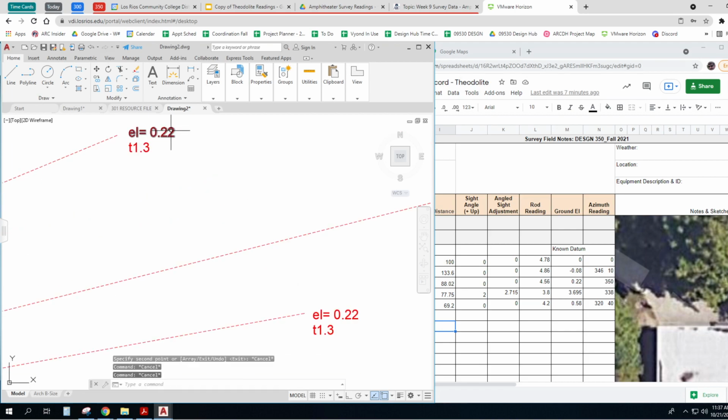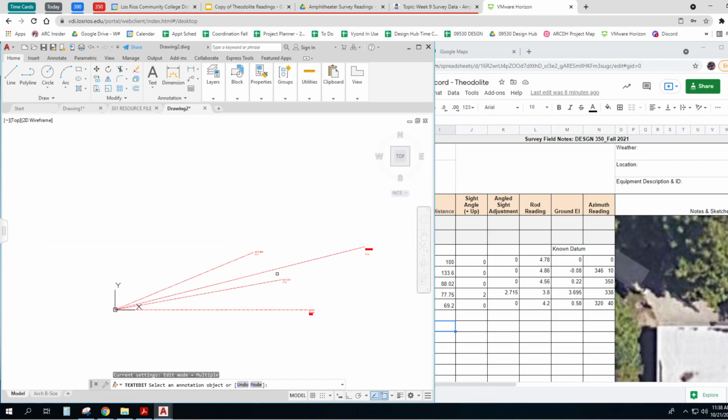And that one is at an elevation of 3.5. That was T1.4. And the reason we had to angle that one was just where things were sitting. He could not see the rod for this piece. That's why he had to angle it up right there. He could not see the rod right there.